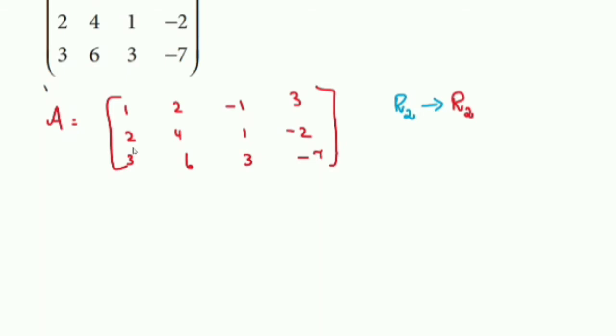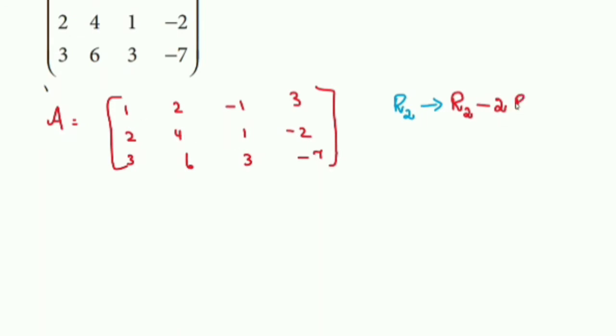I want to make it as 0. So from 2 I should subtract 2, correct? 2 minus 2 will give you 0. So this element alone I cannot do. You have to do it for the entire row. If I am doing some alteration here, it will affect the entire row. So remember that. So I am taking the full row minus 2 times, and I am using row 1.